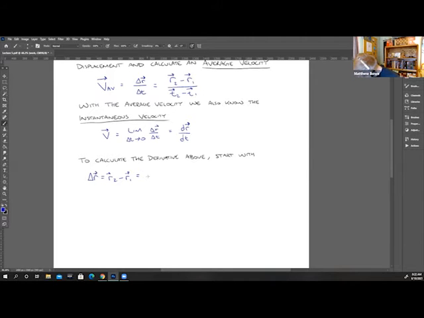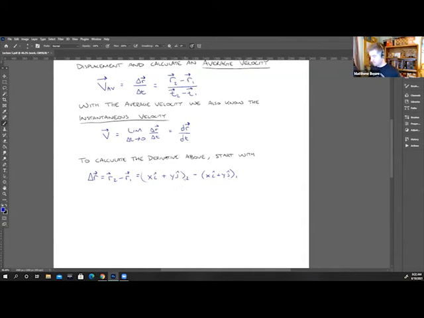It's going to be x2 i hat plus y2 j hat, this is for that second position, minus x1 i hat minus y1 j hat.